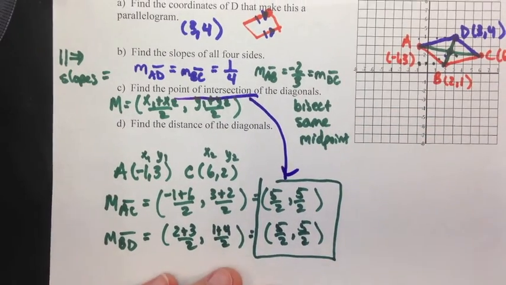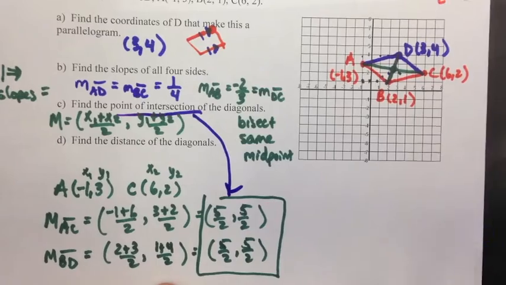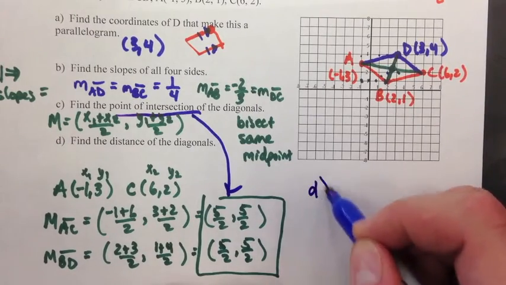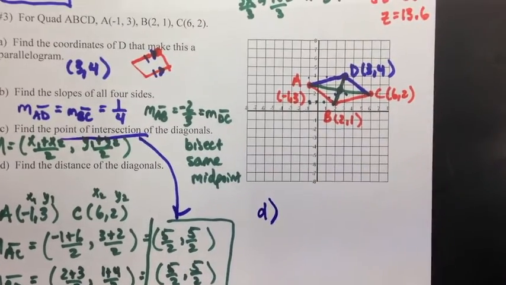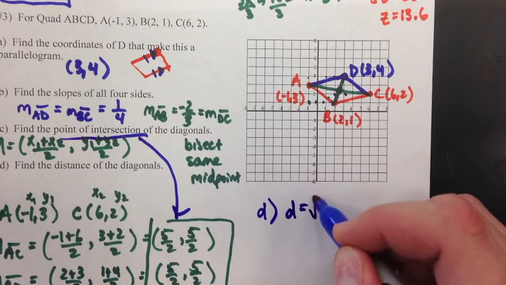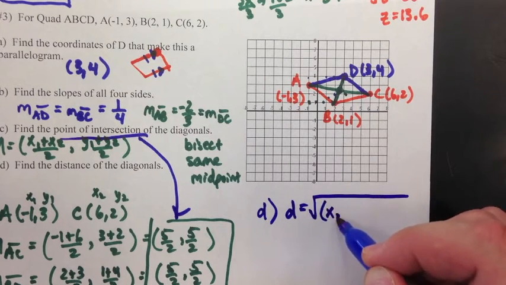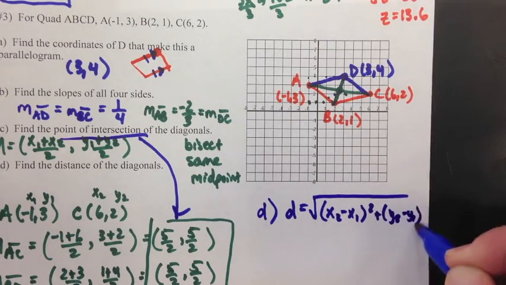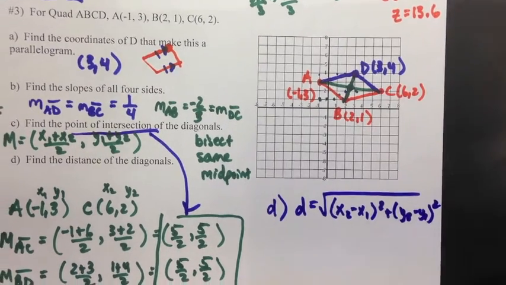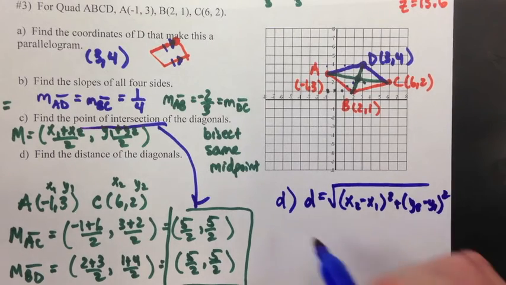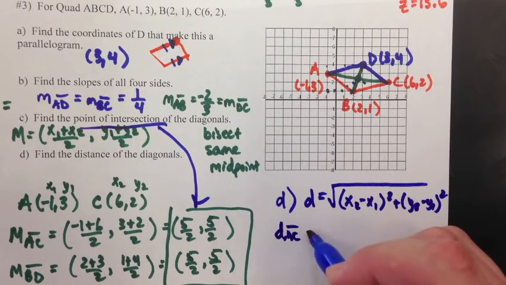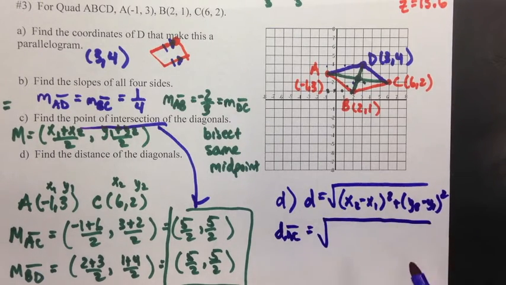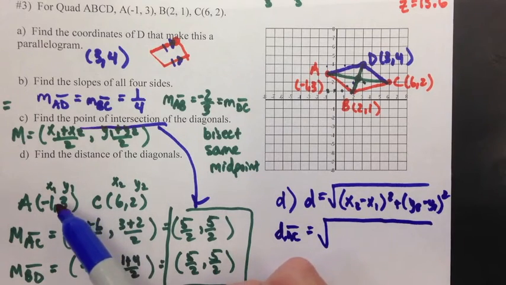Okay, the last one is find the distance of the diagonals. Okay, so for part D, let's come over here. Distance, let's use the distance formula. Square root x2 minus x1 squared plus y2 minus y1 squared. So for AC, the distance for AC, big square root, I'm going to subtract my x's.